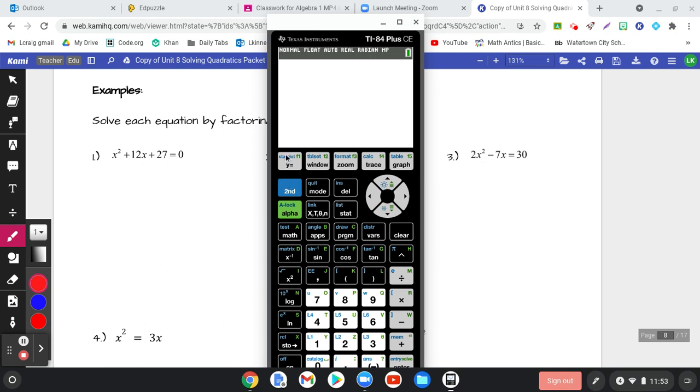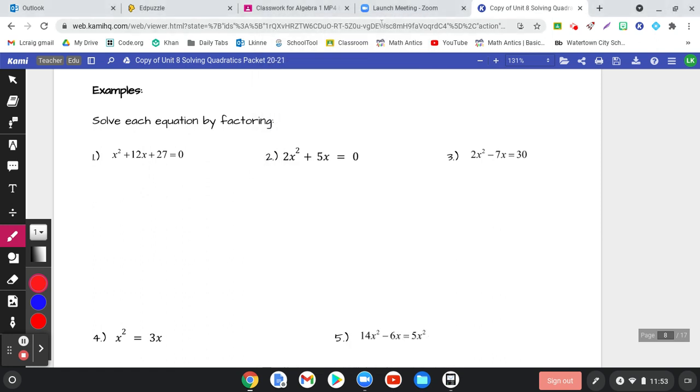Go to y equals, and just type in the left side, x squared plus 12x plus 27. If we take a look at the graph, you may or may not be able to see the zeros. It looks like -3 and -9 maybe. If you go to the table, -3 makes it 0, and -9 makes it 0. So those are the zeros. Those are the answers in the end.